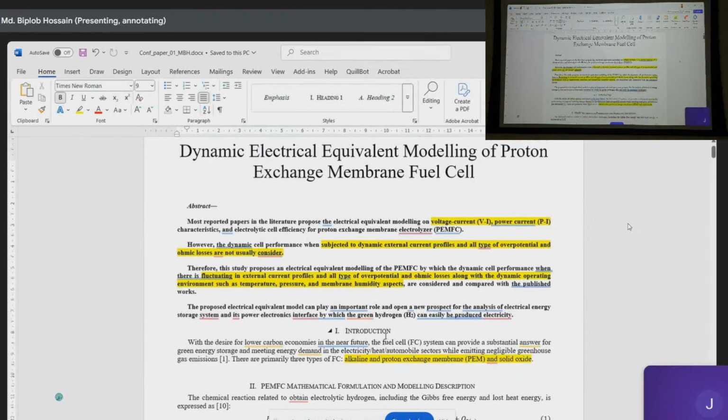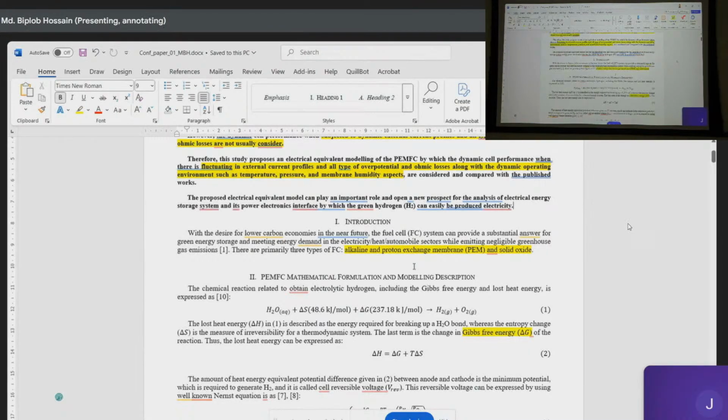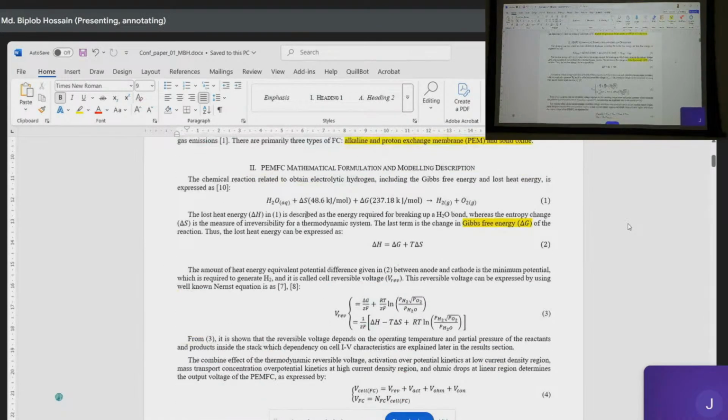In some cases, we need an electrical equivalent circuit for proton exchange membrane fuel cells. So this topic actually covers this. I think Professor Jahangir already described its different kinds and the different mathematical equations used to model this electrical equivalent model. So I am just going through very quickly to start the main part of this section. The chemical equations related to the fuel cell are given here.